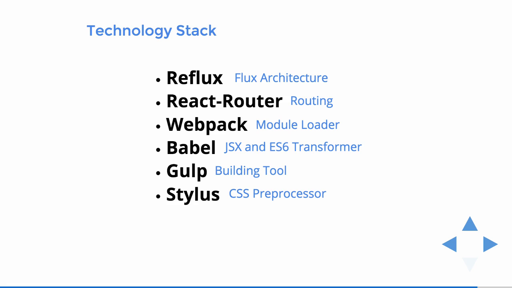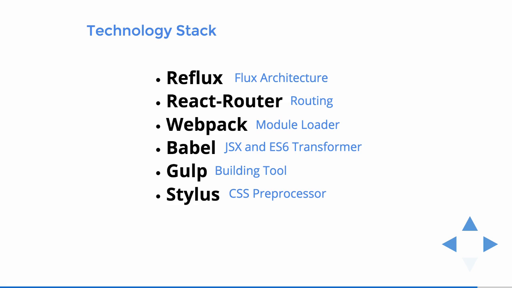So this is the technology stack. Reflux we have explained before. And the React router does the routing, obviously. Webpack we have also explained. It does the module loading and transforming together with Babel. And gulp, as we said, we want to replace it with Webpack, and we just use it as a building tool for now.